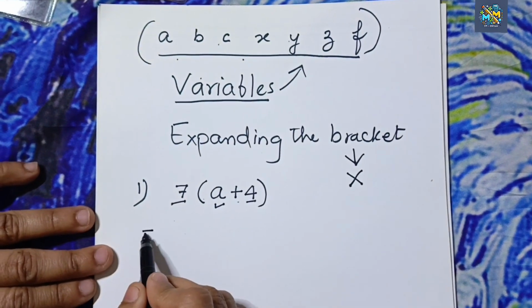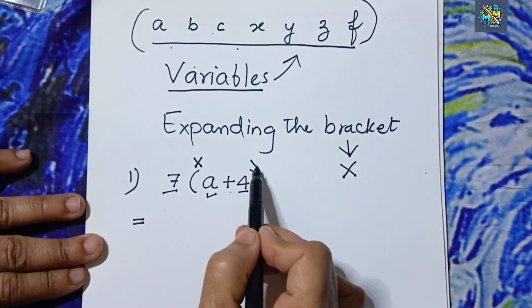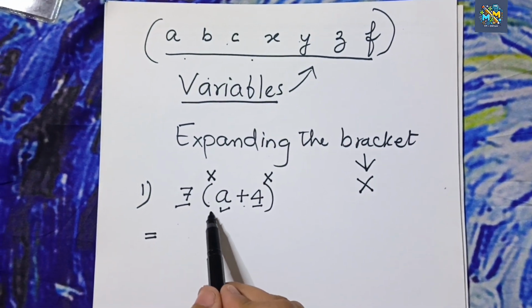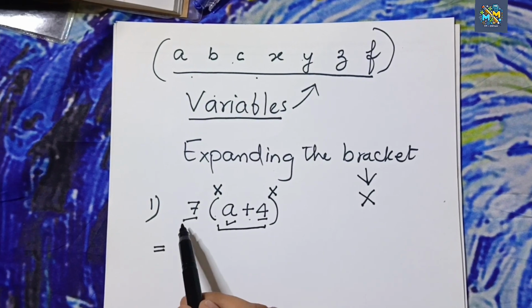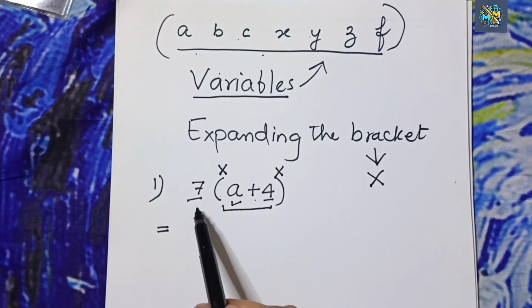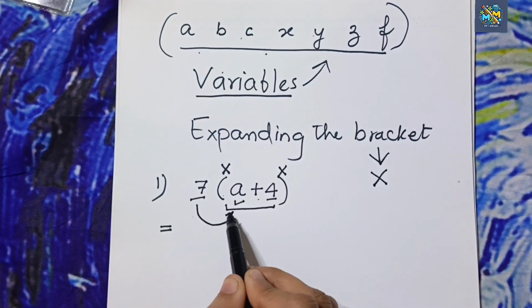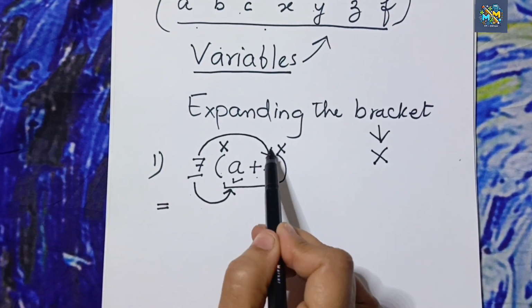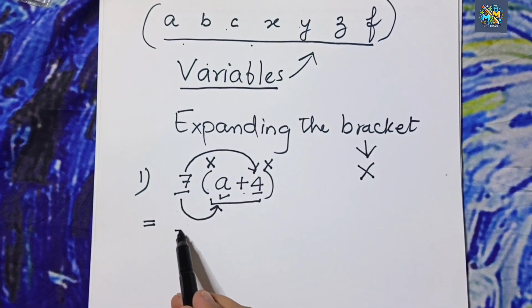So first thing, as I've shared, bracket means multiply, and this means also multiply. So now outside the bracket, there are two steps we can see. Inside there is a plus 4, and outside the bracket, there is a 7. So this means that we have to multiply 7 with a, and next we have to multiply 7 with 4.